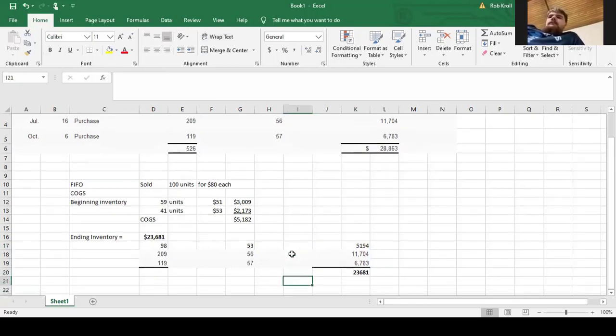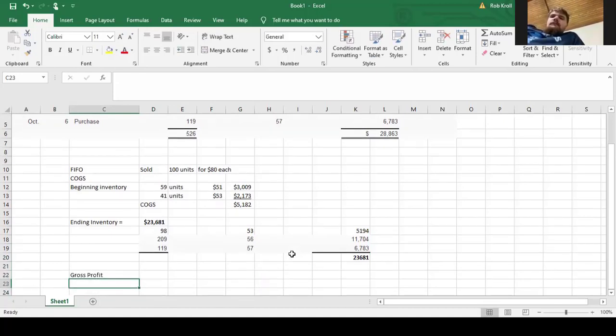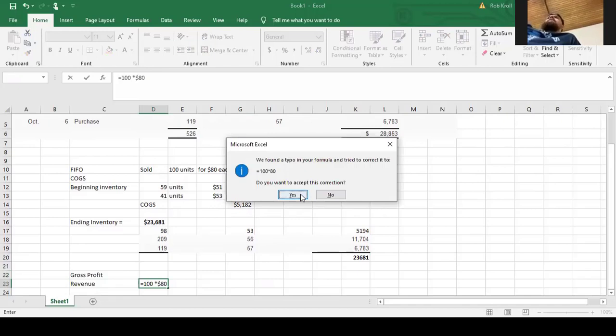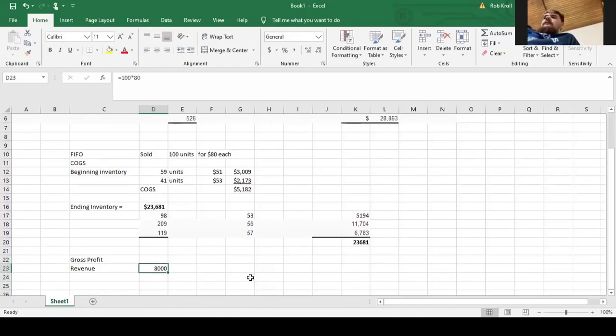When you calculate gross profit on your homework, you're going to need to calculate revenue, which in our example would equal 100 units times $80 each. Where did I get that revenue from? This line right here.